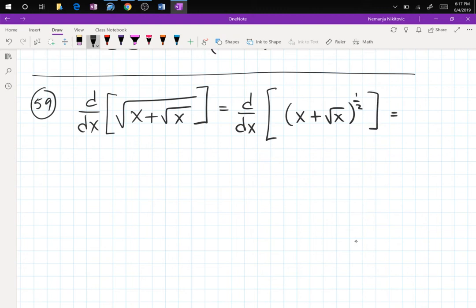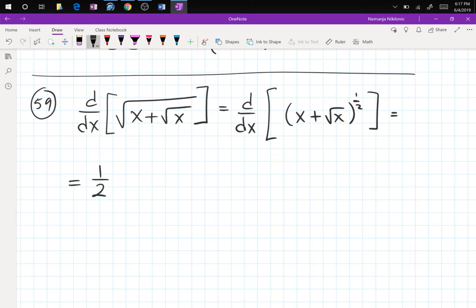Would we all agree on this? Now, I'm going to treat all of this as one variable, right? So all I have to deal with now is x to the 1/2.